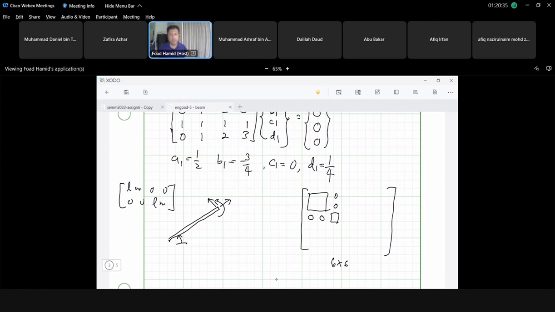Because students are more like human calculators, which is what we do not want. What we want is that you must be able to think, and that is one of the reasons there are no numbers involved. Everything is in terms of variables. Okay, so this is the frame element.